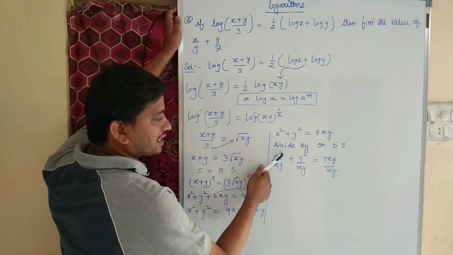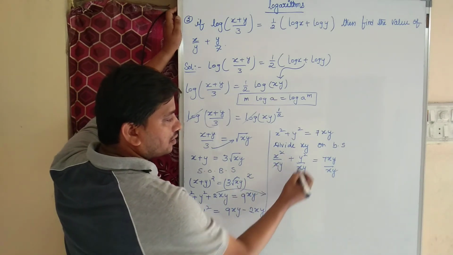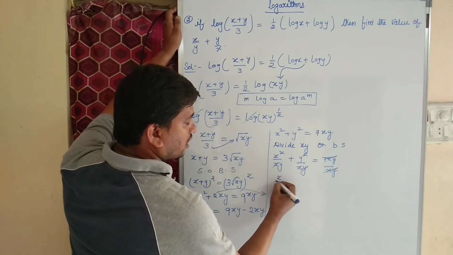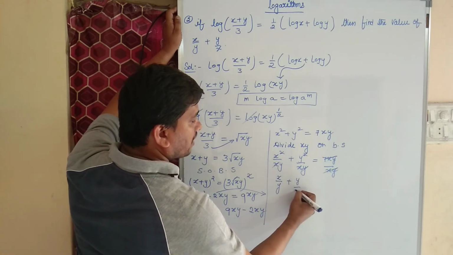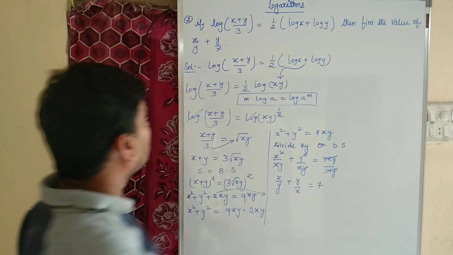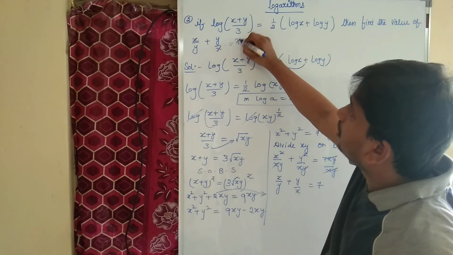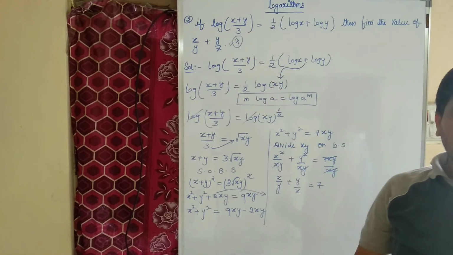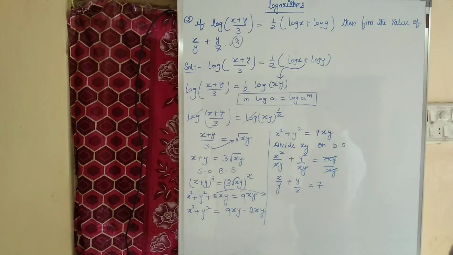X square meaning is x into x. 1x cancel. 1y cancel. Here xy cancel. So we got x by y plus y by x equal to how much, children? Which is nothing but 7. So what is the value of x by y plus y by x? Value is 7.